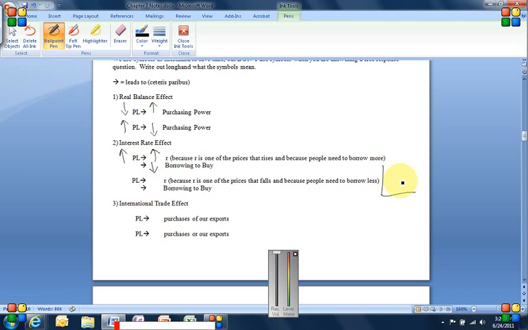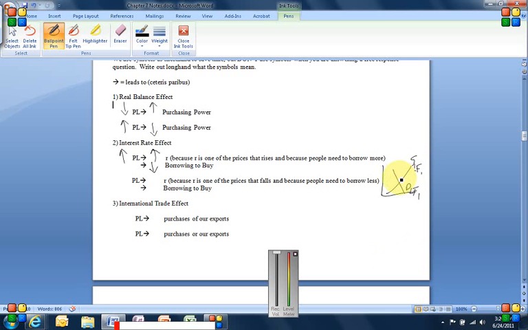Visualize that. If you've got the loanable funds market, here was the supply of loanable funds and the demand for loanable funds, and the price starts to go up. People can afford less and less.